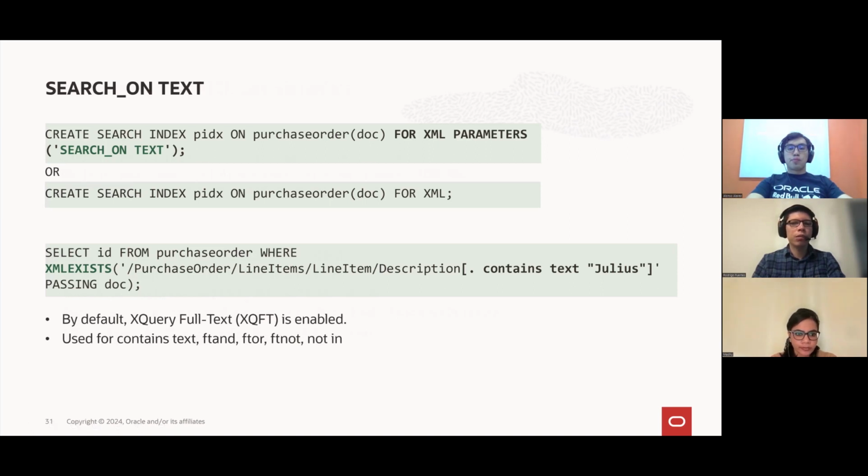In this case, we will be looking at the line item of our document and searching for the text Julius in the description field, right? This is a very simple query, but you can also use and or to add additional predicates, not just the full text search index predicate. Next slide, please.